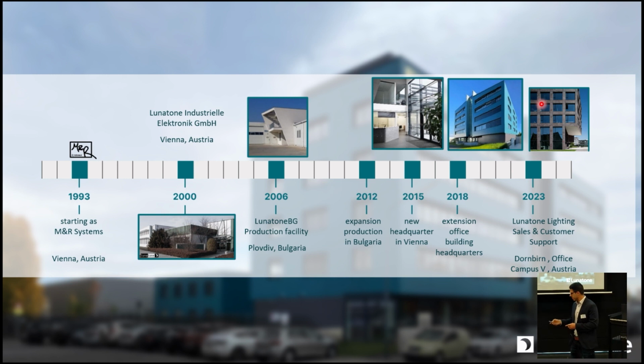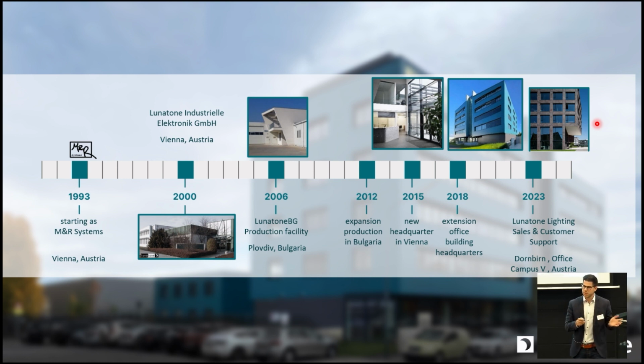And Lunatone decided to build up a new sales office to deliver better support to their customers, and also build up a better marketing team, so to say, to have better marketing material. We're also planning to do some YouTube videos to explain the products in a better way, do some brochures, because this was a bit lacking in the past.